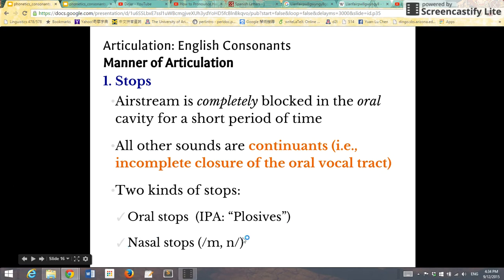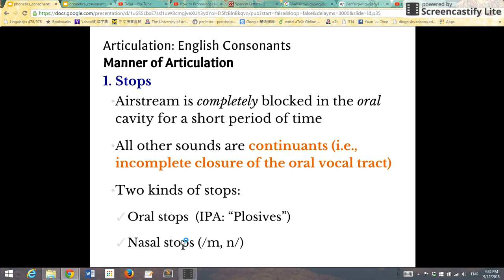And the nasal stop, this is kind of a tricky idea. If you think about the oral cavity only, actually a nasal sound is a type of stop sound because the airstream is completely stopped in the oral cavity as well. However, for nasal stops, the airstream keeps going through the nasal cavity.